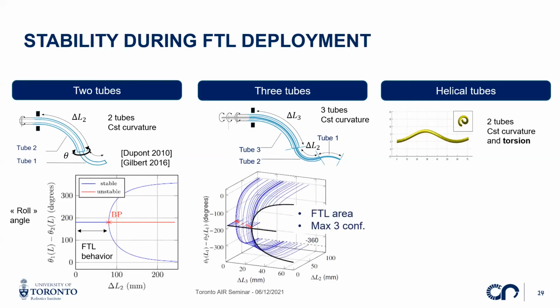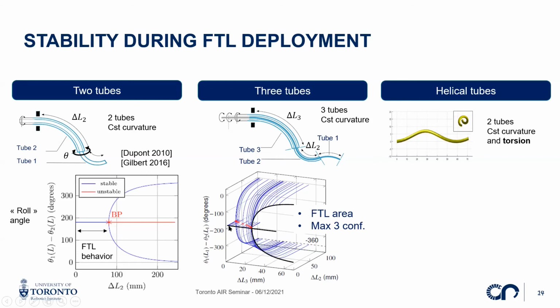For example, for the 3-tube CTCR, we could draw these 3D maps where we draw the robot configuration in terms of this particular roll angle that we can see here, according to the deployed length of the robot. Then we begin to vary delta L3, which is the first section of the robot, which is the black curve.